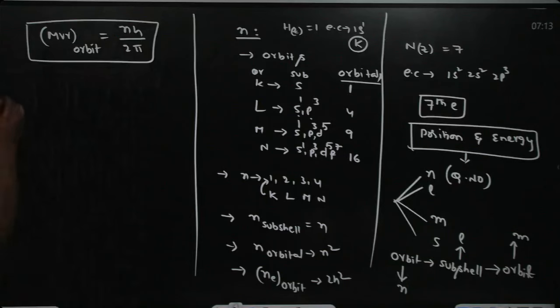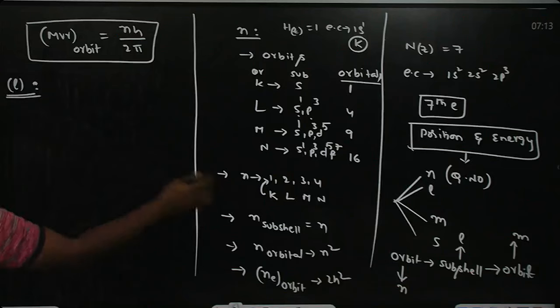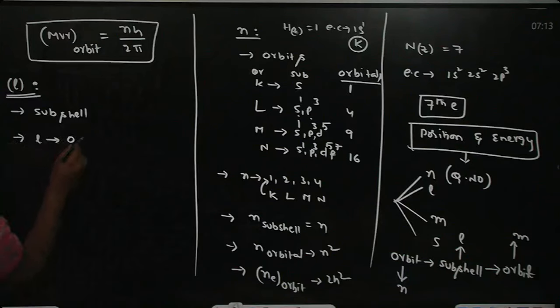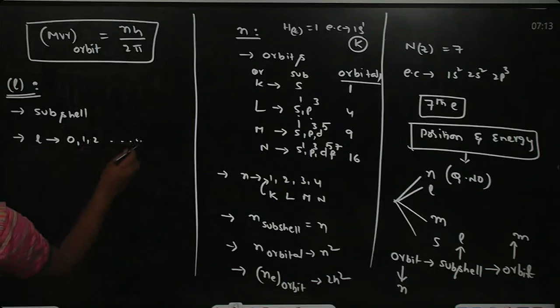While coming to the azimuthal quantum number, what does it represent? It represents the subshell. Don't be confused. So l can have the values starting from 0, 1, 2, up to n minus 1.